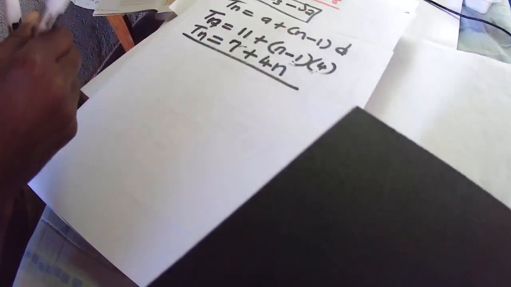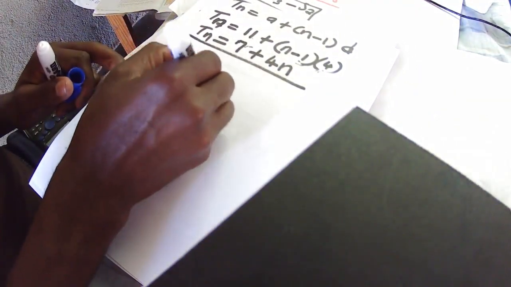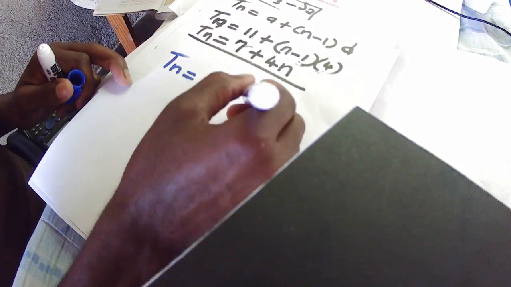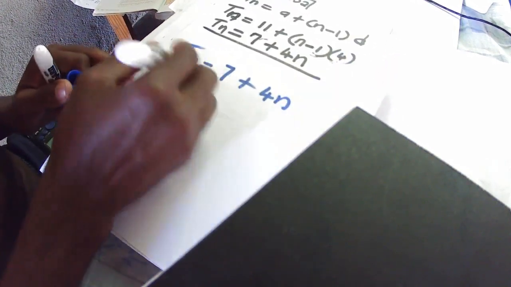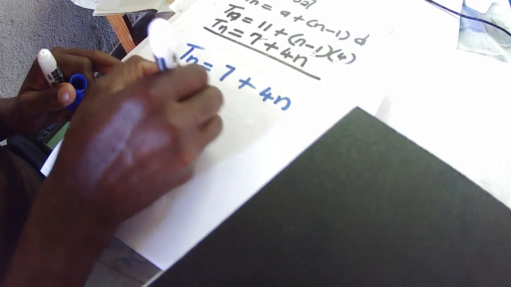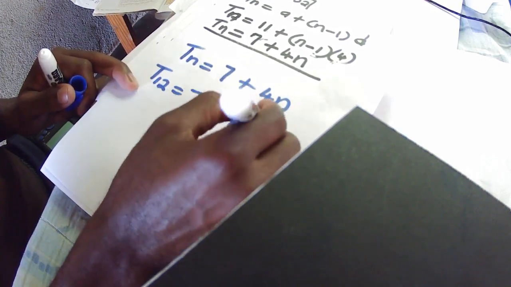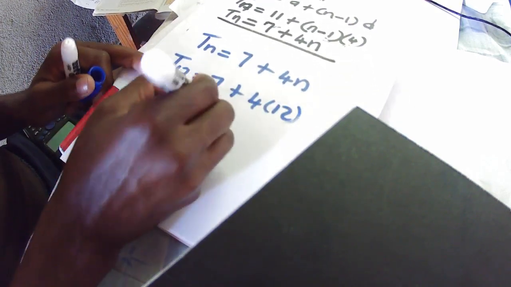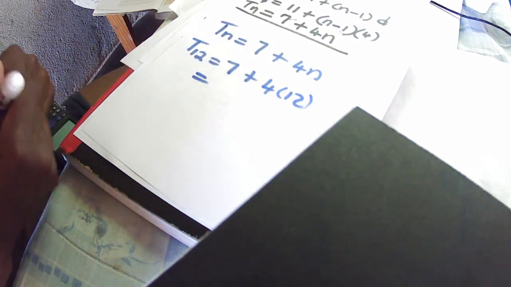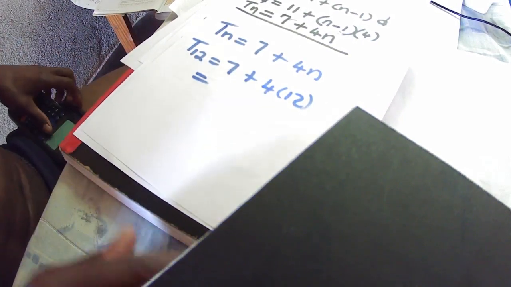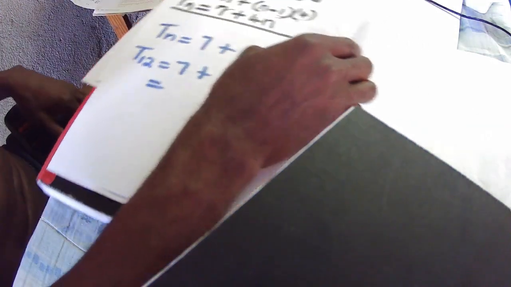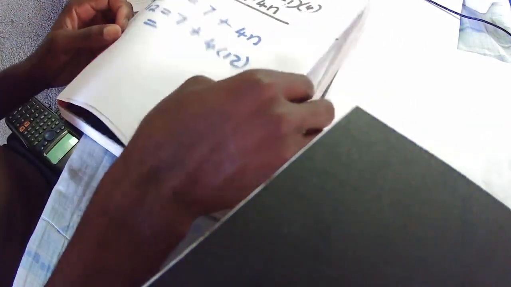So let us try and use this formula. Let's determine the 12th term. So T12 is equal to 7 plus 4 times 12, using the nth term formula. So when we use our calculator, that is 7 plus 4 times 12.